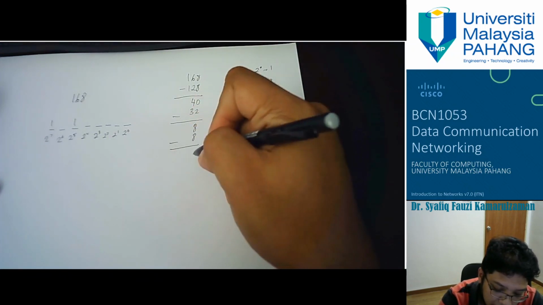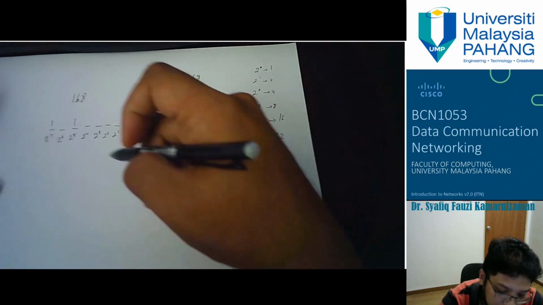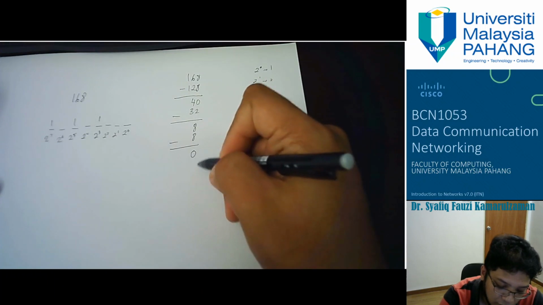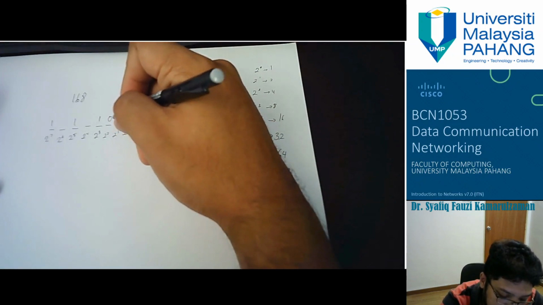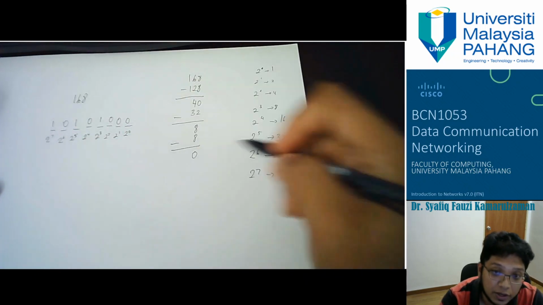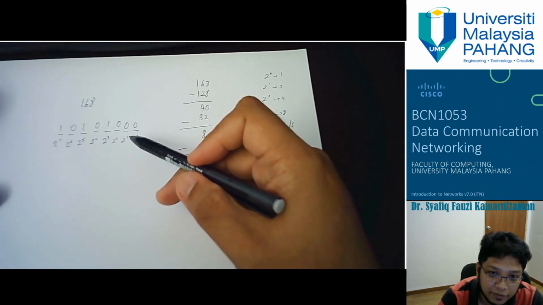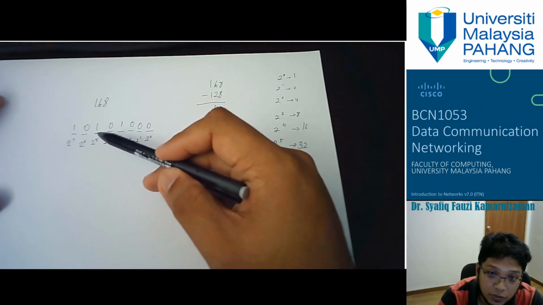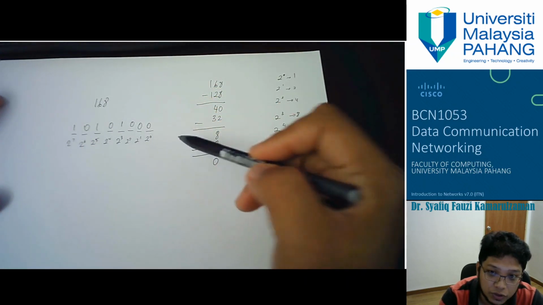Subtract 8, and you successfully get 0. So at 2 power of 3, you put 1. Since it's 0 now, the remaining ones become 0, and the empty ones become 0 as well. So you'll get the binary for 168 as 10101000.